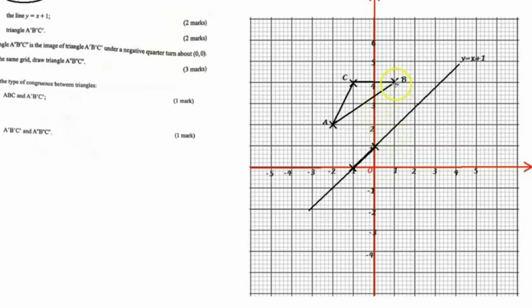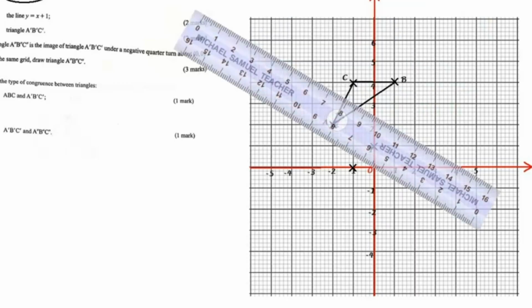So we draw a perpendicular line from B. Since for reflection, the object and its image are perpendicular to the mirror line. So B will be mapped onto, so we need to draw that line.